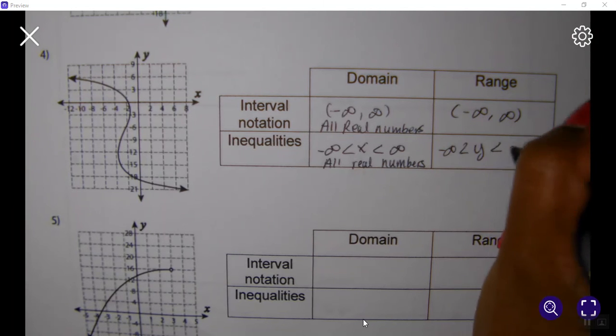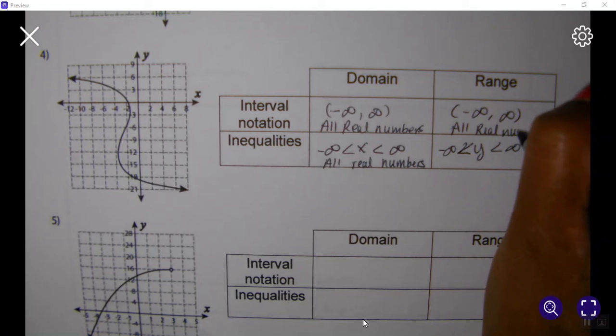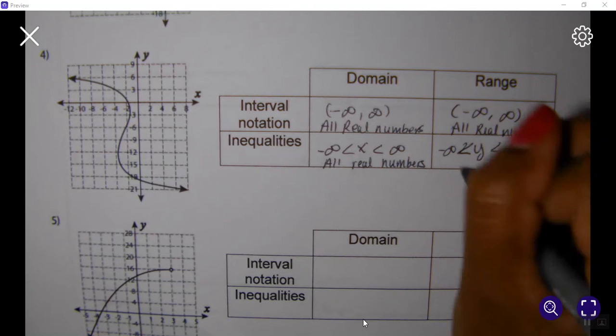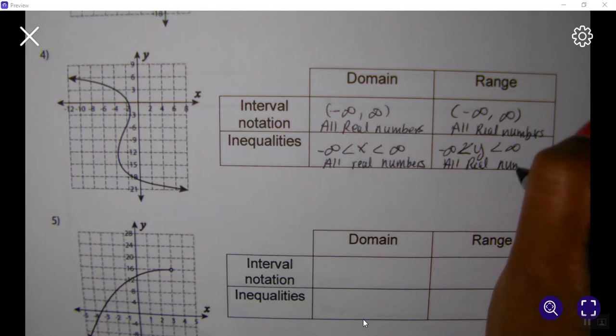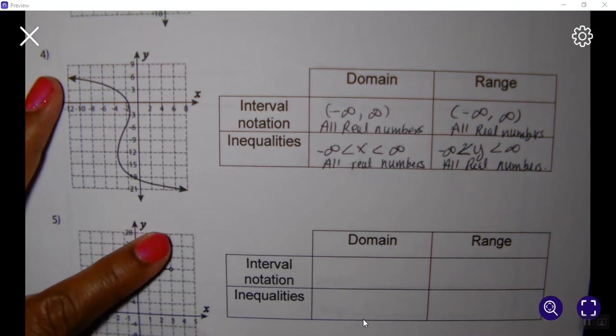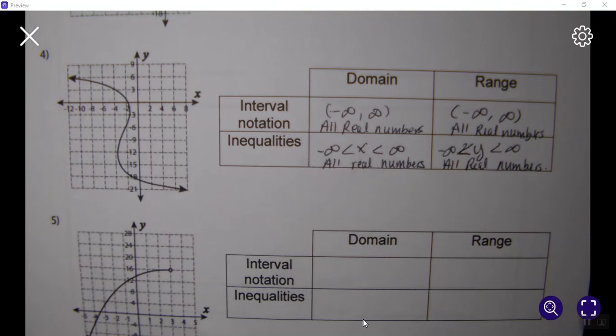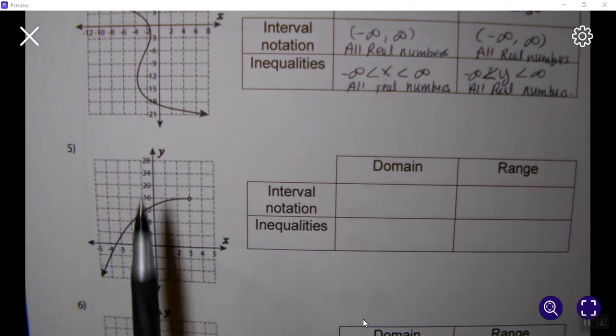And so we can just say this is also all real numbers. So yeah, whenever you have two arrows like this, it's going to end up being all real numbers. Most of the time, actually. Not all the time, but most of the time.